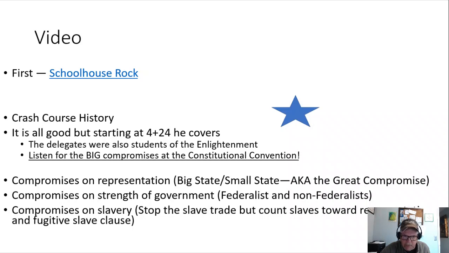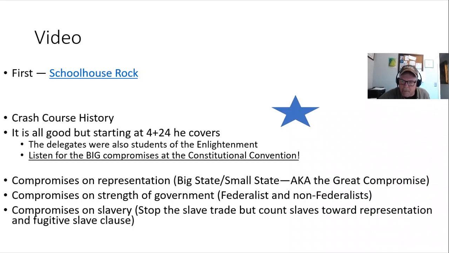Georgia has 14. It's kind of a medium state. Tennessee, 9. And then some only have 1, like Wyoming, because the population is so small. So every state, 2 senators voted in and elected for 6-year terms. And then every state, based on population, the House, re-elected every 2 years.